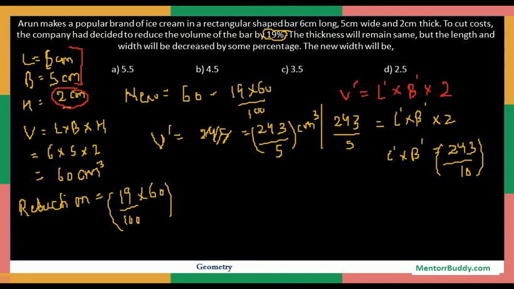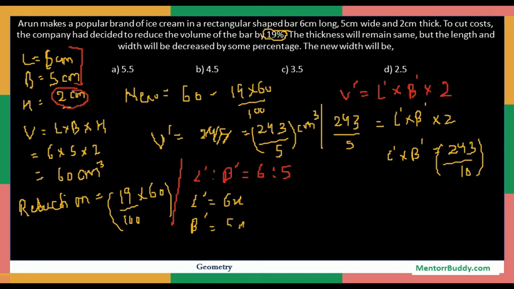So again the ratio of the new length to new breadth is going to be same, that will be 6:5. I'm not saying that the value is going to be 6 and 5, the ratio will be same. Now let the common ratio be x. So L dash is equals to 6x and B dash is equals to 5x.